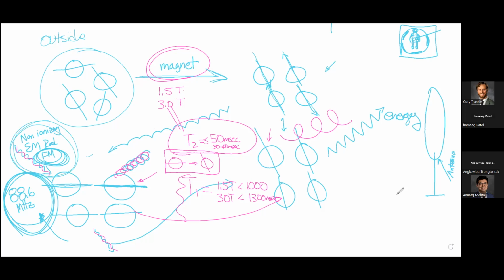That makes all of these protons tip their spins. They all stay parallel. They tip their spins and they wind up. Then after the FM radio wave has gone through, they unwind right here, and they go back to their original orientation. They release energy. We pick that up in antennas.